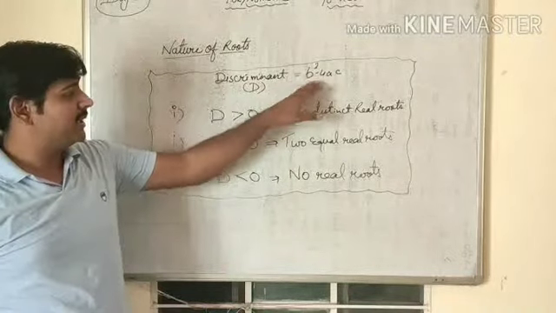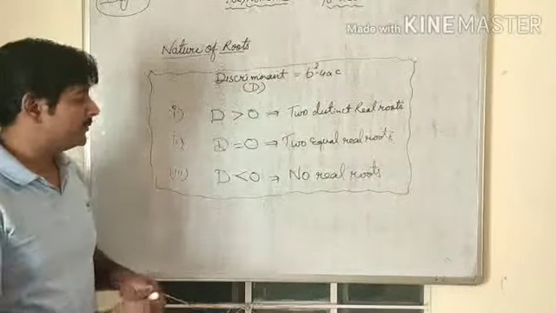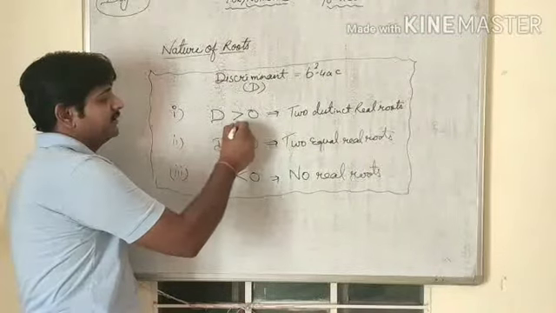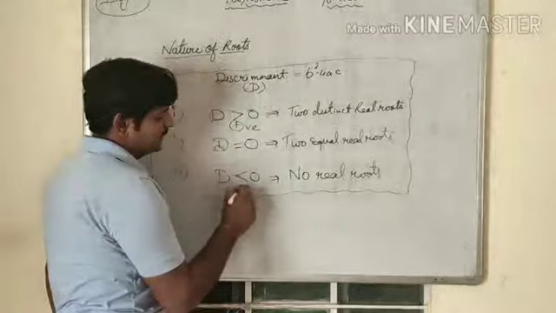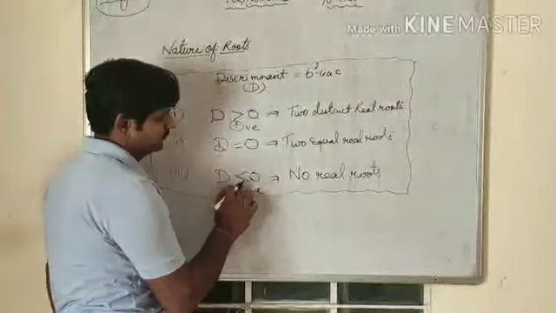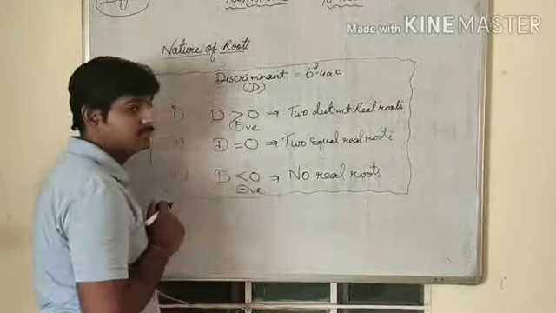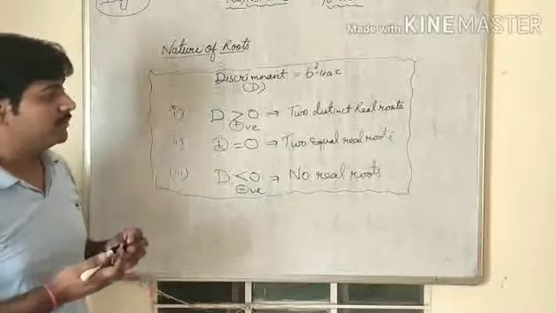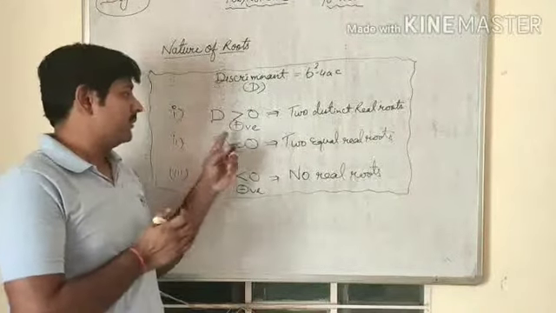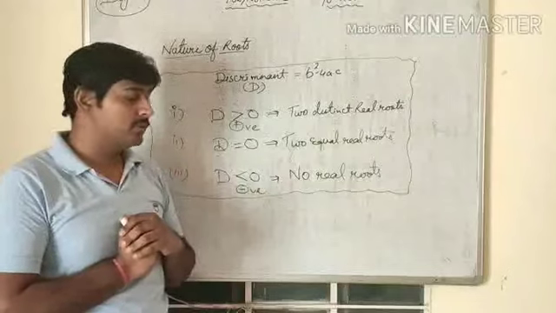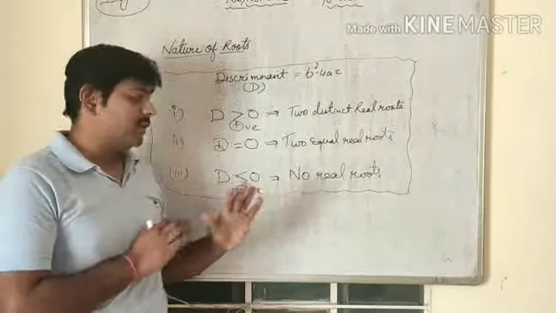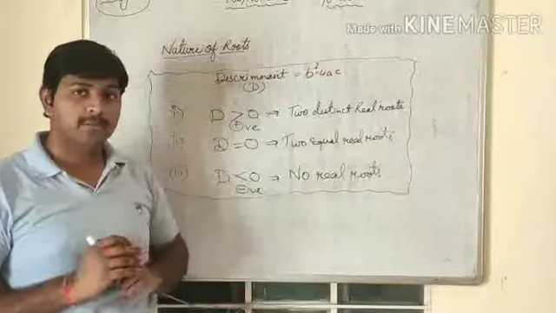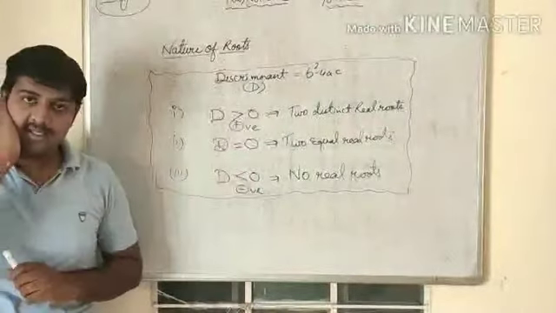If the discriminant is greater than 0, it is positive; this is 0 and this is negative. So positive gives two distinct real roots, 0 gives two equal real roots, and negative gives no real roots. It is not solvable.